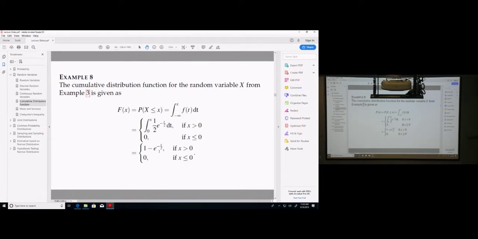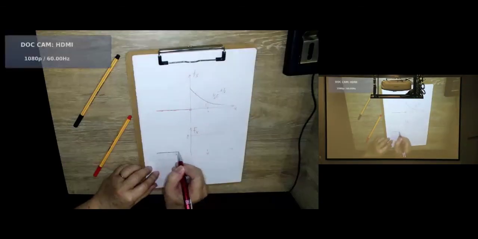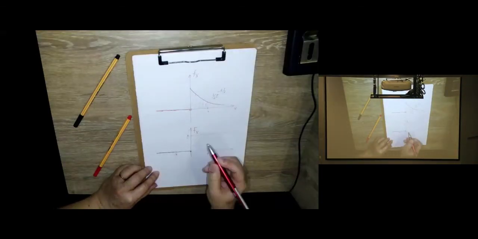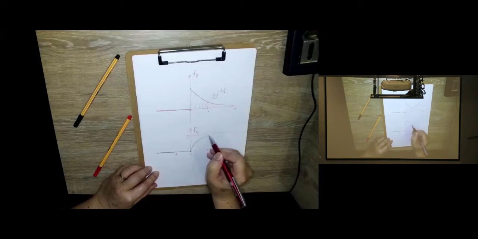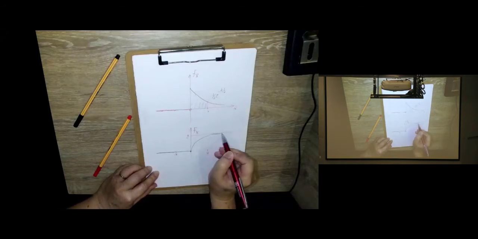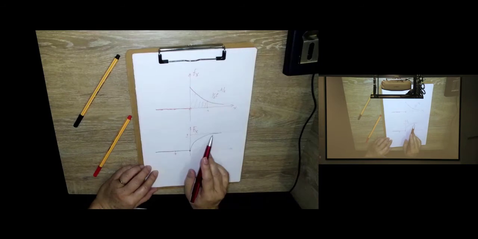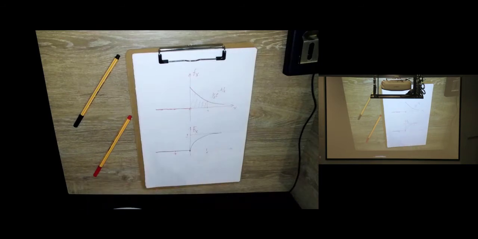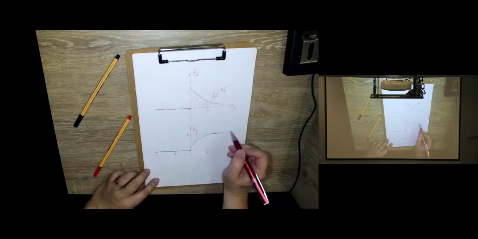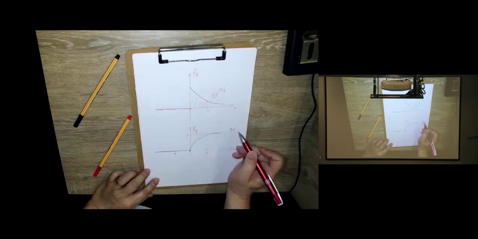So how does it look like? In this case, there is a 1 here. And so it would be something like this. The function is this. And then this is, okay. I can't quite draw it because the curve is actually getting closer and closer to this line, y equal to 1.